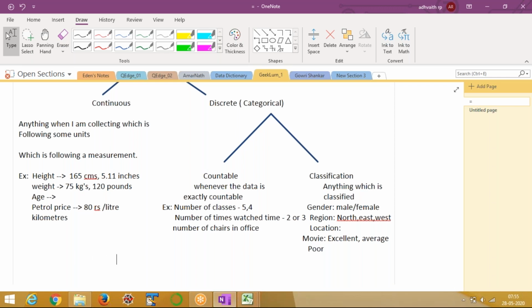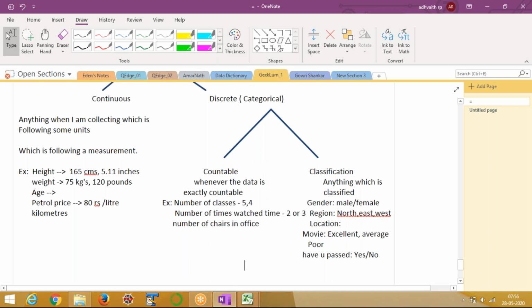Can a Boolean value be classified data, like yes or no cases, true, false? Yes, we can. Let's say, have you passed the exam or not? You will say either yes or no, or else true or false.